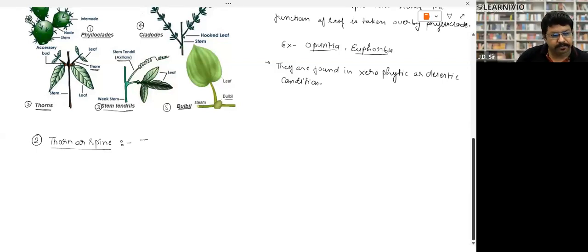They are hard, sharp, pointed, curved structures.